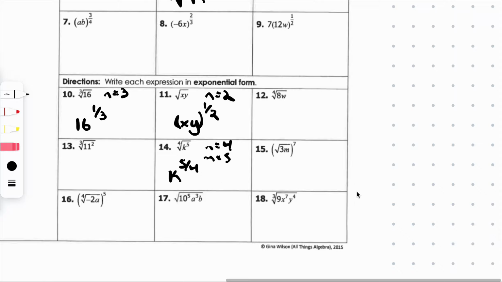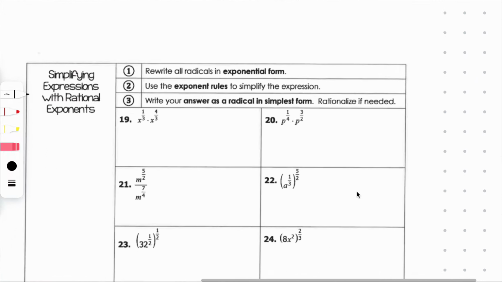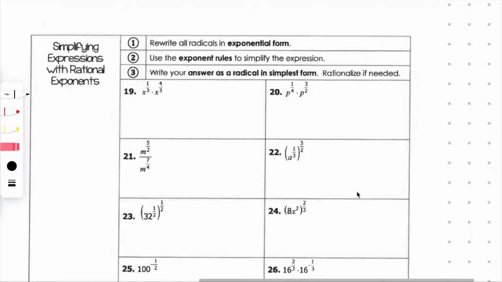So something like that. Okay, great. So now let's talk about simplifying expressions with rational exponents. For these types of problems, we want to rewrite all radicals in exponential form, and then we just use exponent rules to simplify the expression.